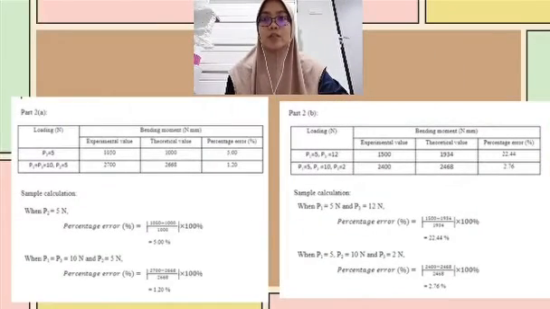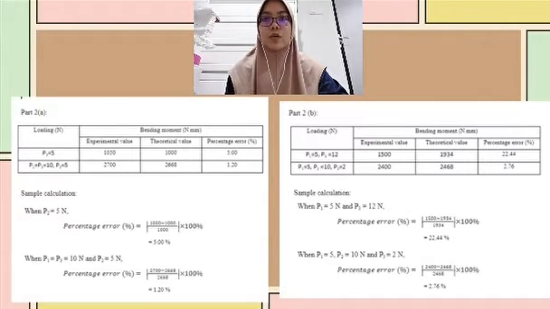So for part 2A, in this table we compare the experimental value and theoretical value to calculate the percentage error. So for the sample calculation, when P2 is 5N, the percentage error is 1050 minus 1000 divided by 1000 in modulus, multiply with 100%. So we get 5%.